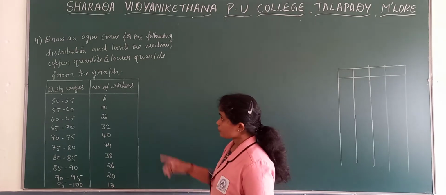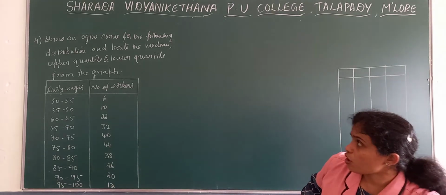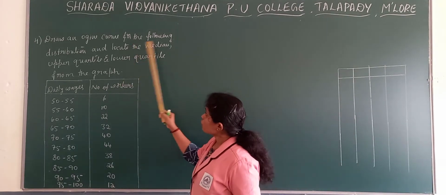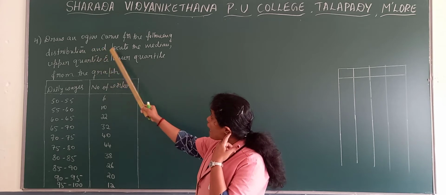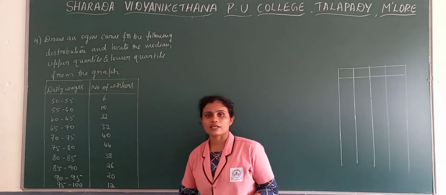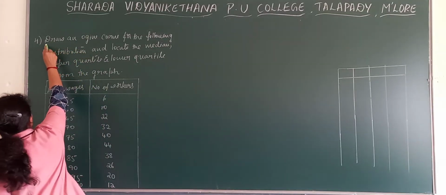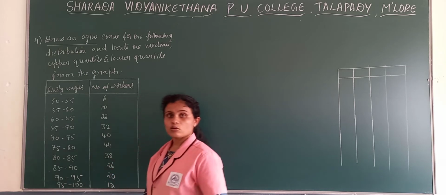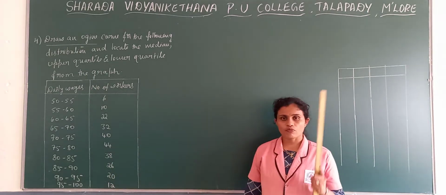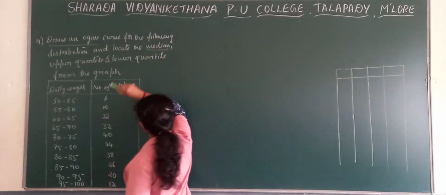Now read the question there. Draw an ogive curve for the following distribution and locate the median, upper quartile, lower quartile from the graph. What we need to do? Draw an ogive, not ogives, less than and more than. One ogive curve and locate the median there.